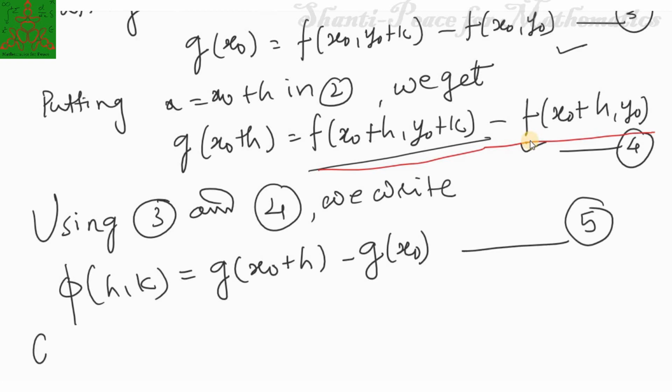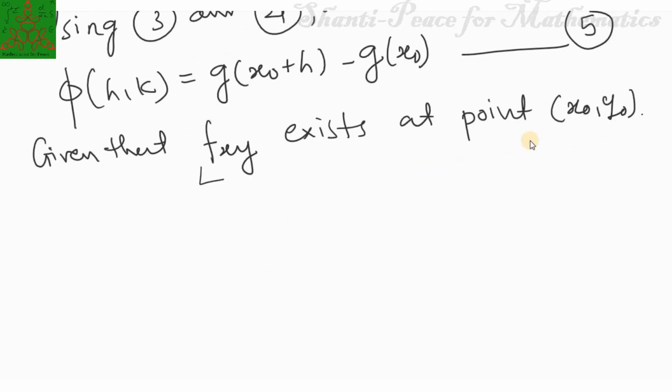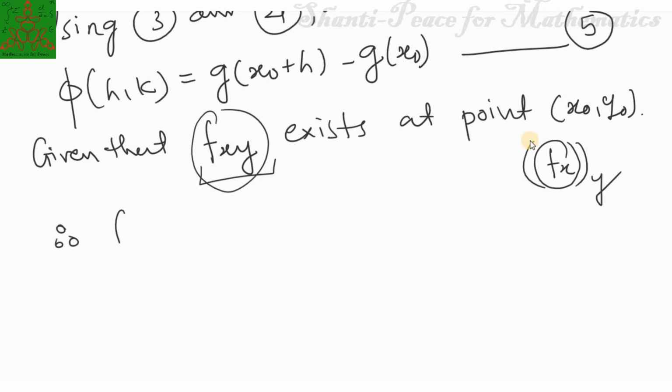Now, given that fxy exists at the point (x0, y0), that means fx exists. First of all fx must exist, and only then can we calculate fxy. Therefore fx exists at (x0, y0).